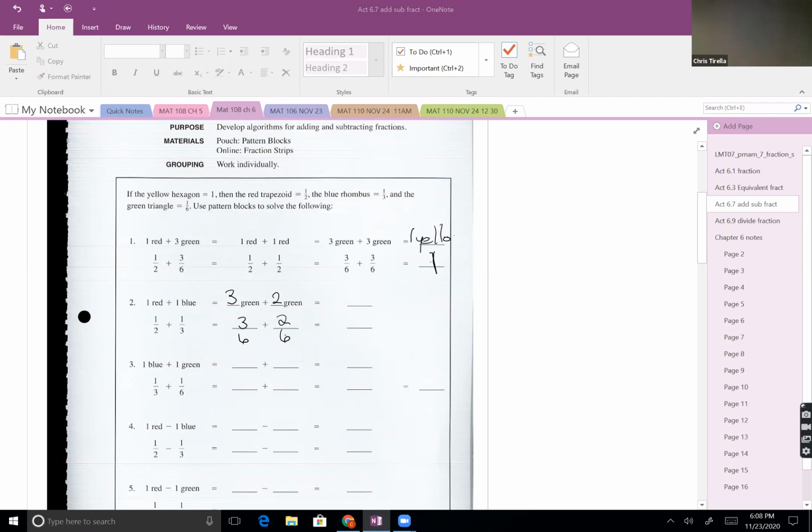And so when I add them, I would get 5, 6, which would be 5 green. And so in the same way, if you were to add 1 blue and 1 green, what would that turn out to be?